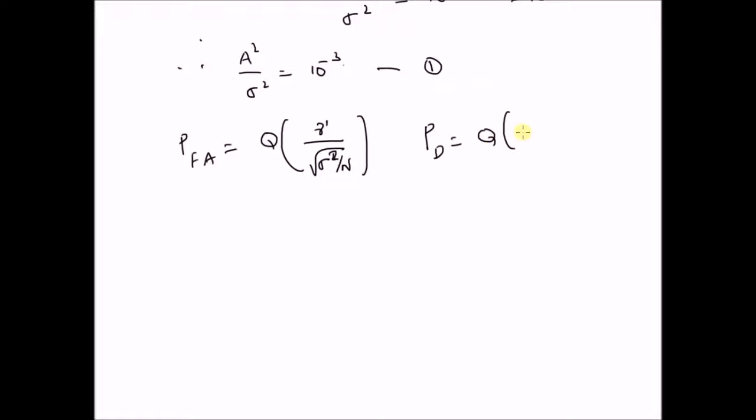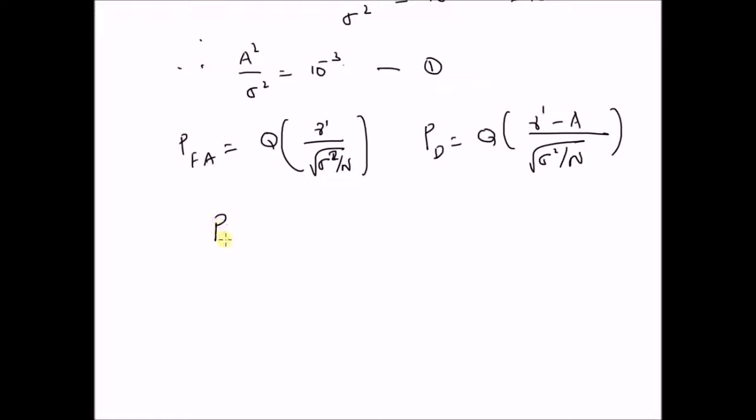From previous videos, we already know that probability of false alarm is equal to Q function at the threshold gamma dash over square root of sigma square by n. Probability of detection is equal to Q of gamma dash minus A over square root of sigma square over n. These are the expressions for probability of false alarm and probability of detection.